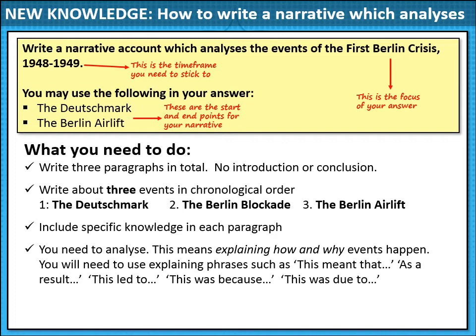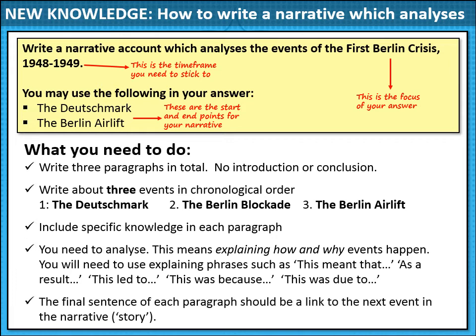So we're going to need to use explaining phrases in our paragraphs. Finally, it's really important that we remember the last sentence of each paragraph should be a link to the next event in our narrative.